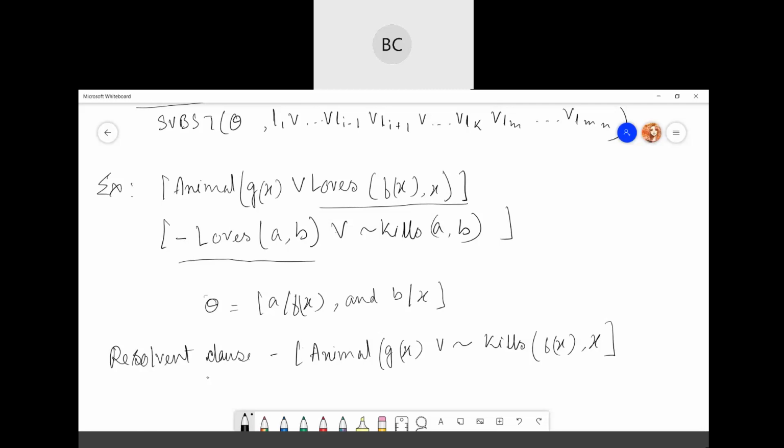So from these two sentences, the resolved clause is Animal(g(x)) disjunction Kills(f(x), x).